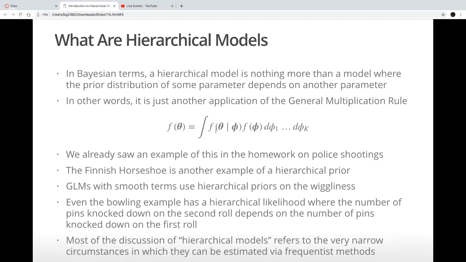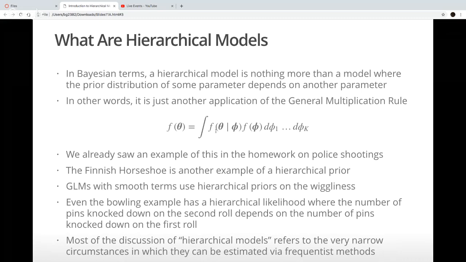We'll deal with it more explicitly this week, and it's a very general idea: my prior for one parameter is conditioned on some other unknown that also has a prior, and I'm going to estimate its posterior distribution along with everything else. So this is a very general idea.